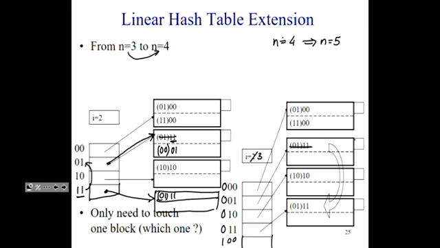So I may want to create a new block for that bucket. Where would I bring records from for that block? Correct. So the only block that I need to consult to populate this block is this one. Since when I was in n is equal to 4 or n is equal to 3 or any of those numbers, I was always rounding down anything with 1, 0, 0 to 0, 0.